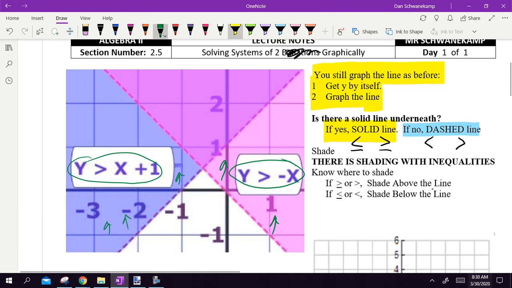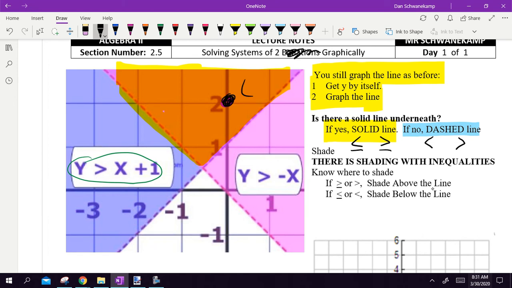And so the actual answer to this question is the spot where both lines are shaded. That right there is the answer to this question. That is the place where you can pick any ordered pair up there, and it would be true. So for example, if I took that ordered pair right there, that is the ordered pair 0, 2.